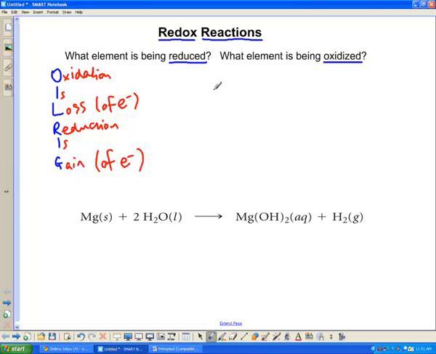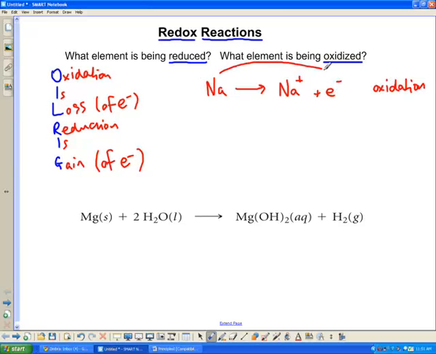Alright, so if we were to look at, say for example, sodium going to sodium plus and one electron. This means this sodium has lost an electron because it came out here. The sodium was oxidized. This is an oxidation.